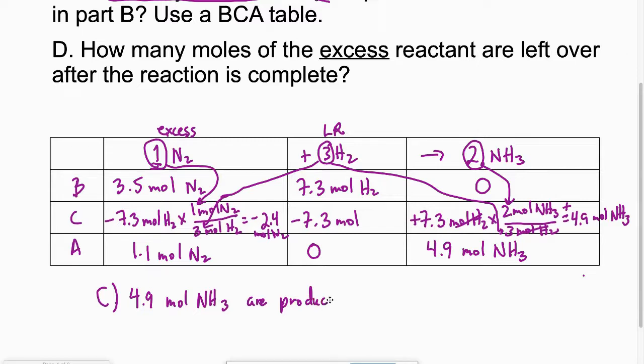And if we look at part D, it says how many moles of the excess reactant are left over after the reaction is complete. For part D, our excess reactant is our N2. We can see right here in our table that 1.1 moles of N2 are left over.